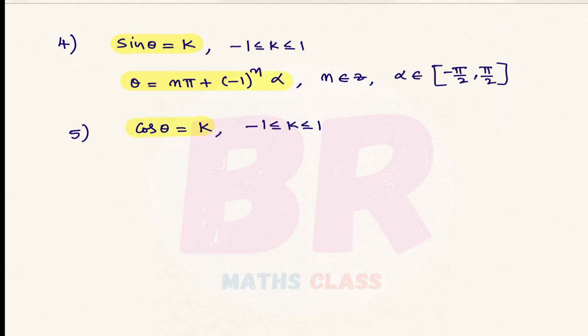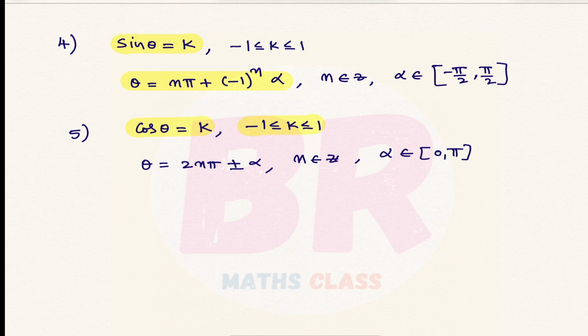General solution for cos theta equal to k, where k lies between minus 1 and plus 1: the general solution is theta equal to 2n pi plus or minus alpha, where n is an integer and alpha belongs to the closed interval 0 comma pi. You need to know that the general solution for cos theta equal to k is 2n pi plus or minus alpha.